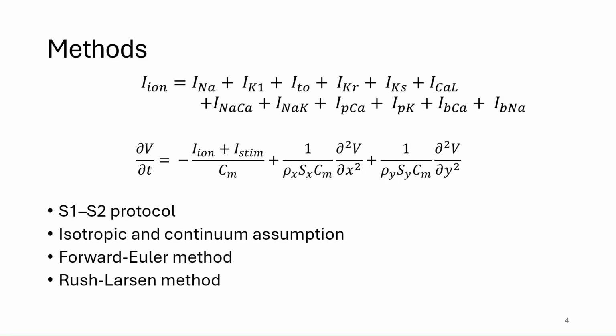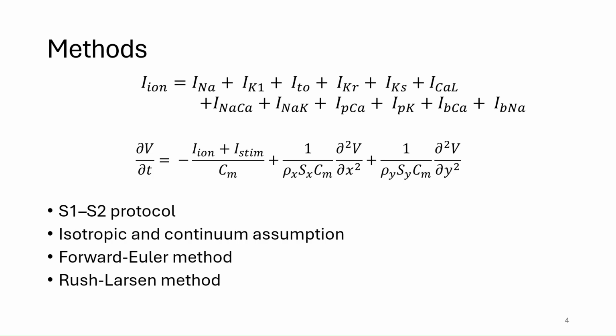So how is this model proposed? The model tries to capture every major and minor ionic current present in the heart tissue: sodium, potassium, and various other ionic currents. These ionic currents are individually expressed as Hodgkin-Huxley kind of model equations, where there is activation, deactivation, and so on.